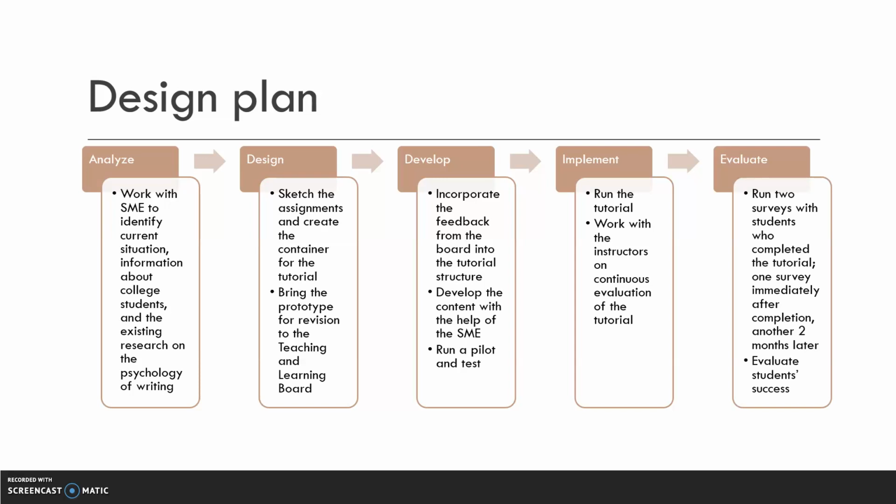And in the end, we will run 2 surveys, one immediately after the completion of the tutorial, another one 2 months later. So the students taking the survey will tell us how they feel about improving their writing, whether it has helped them or not. And after that evaluation, we will see whether we need to change anything in this tutorial.